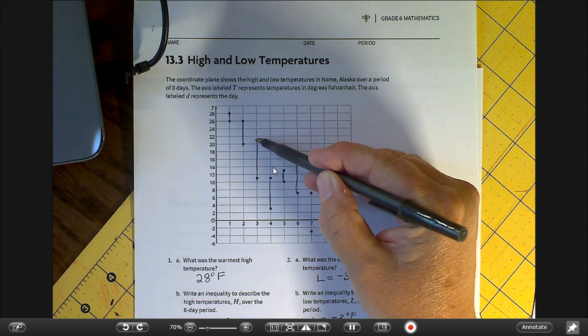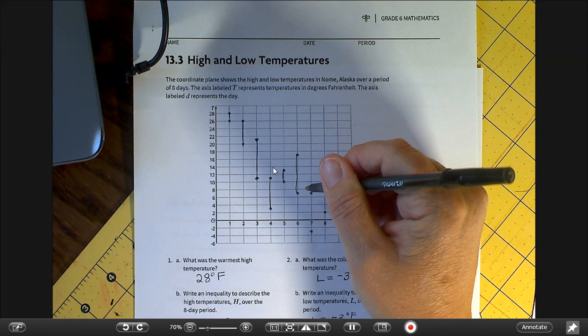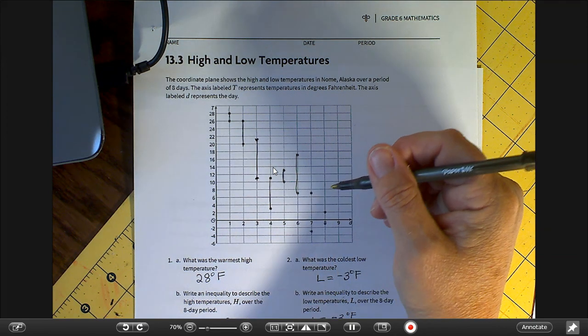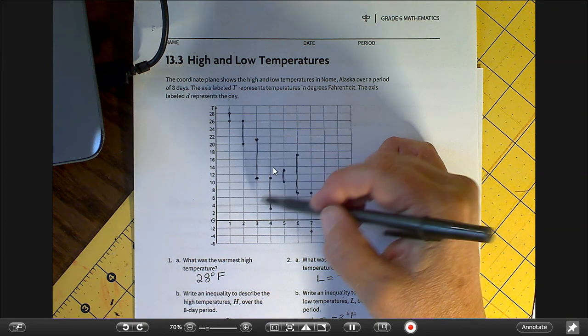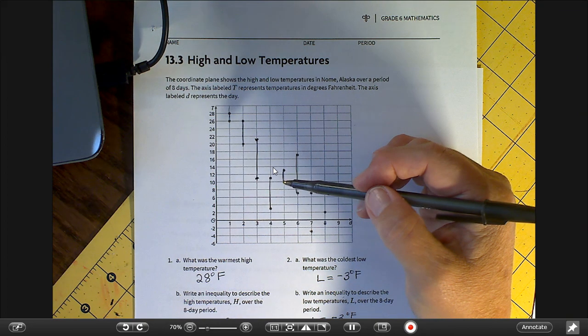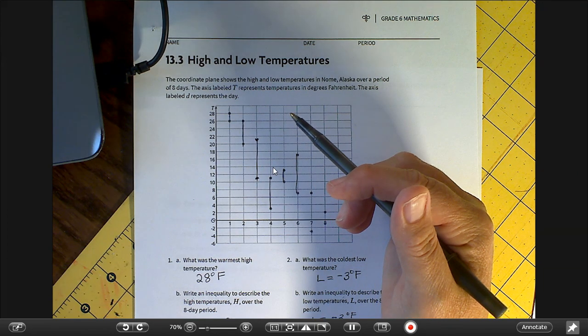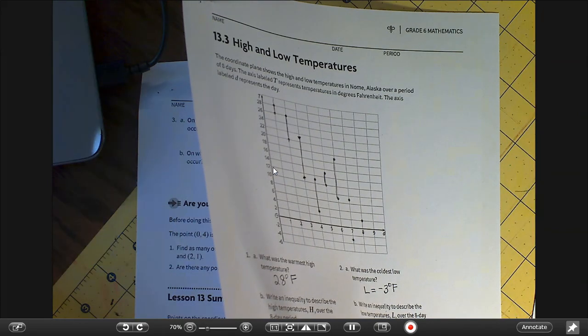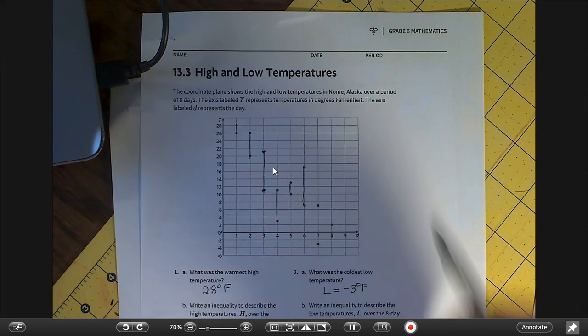So that would be this one. So between day 3 and 6.